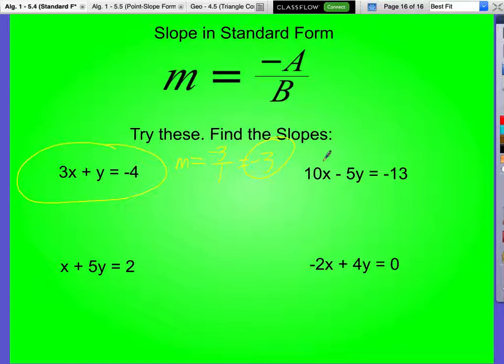What would happen if you switched the numbers around? If 3 was on the 3y, like 1 over 3, how would that work? That would be wrong.